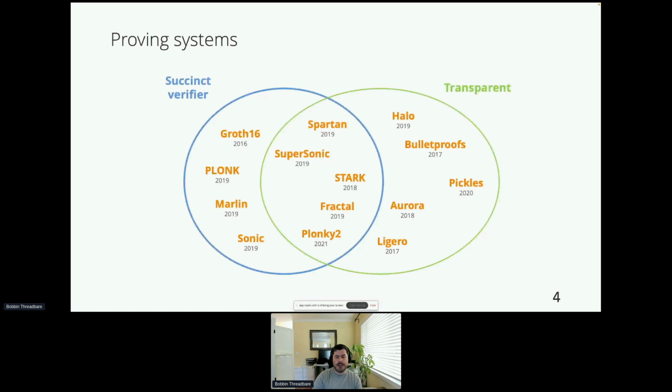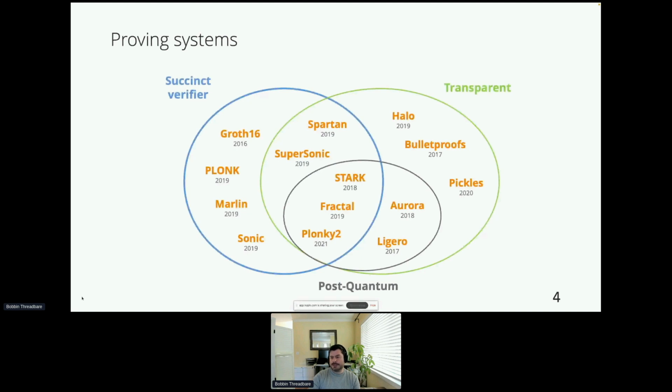If our verification time is logarithmic or constant, then we call this a system with a succinct verifier. And another property is post-quantum security, meaning even if elliptic curve cryptography breaks down, the system should still remain secure. So this highlights which systems fall where.